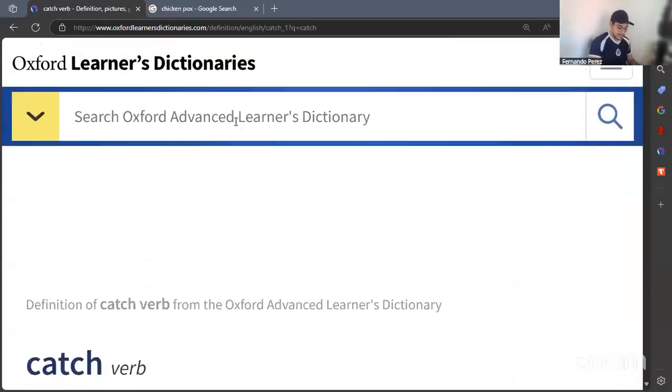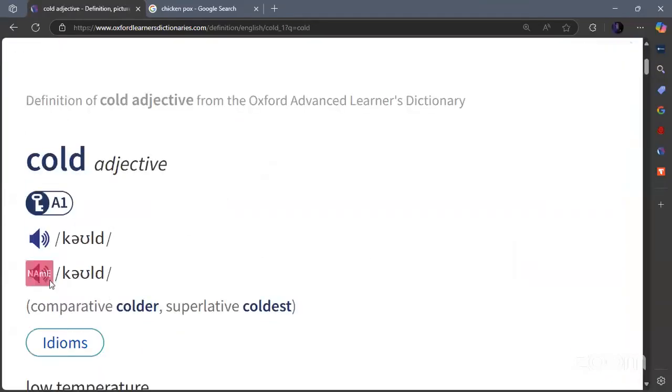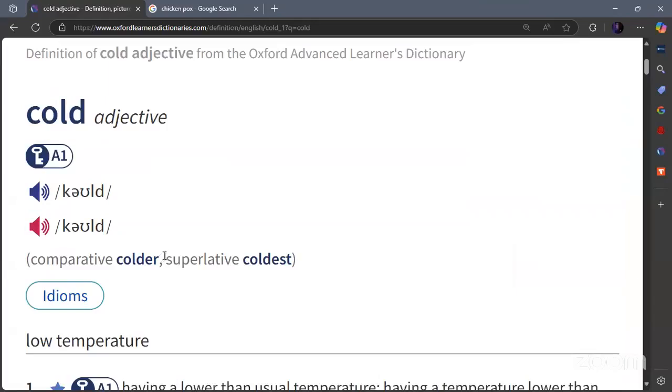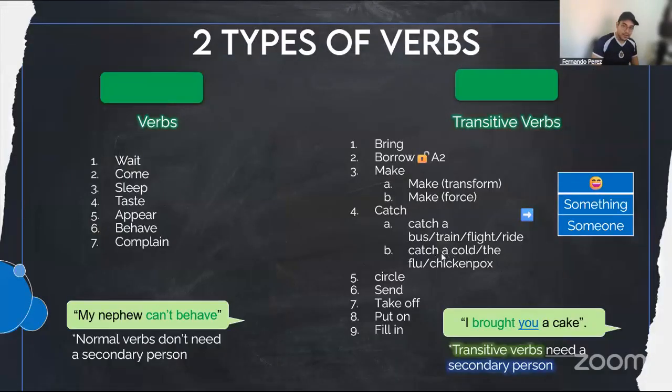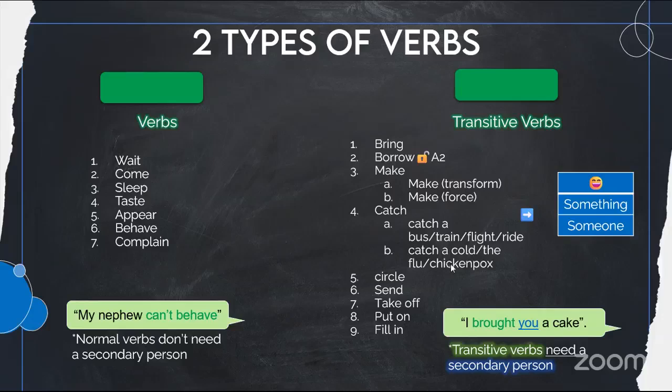The right word is cold. Exactly. But cold is countable because it's catch a cold. Do you see?